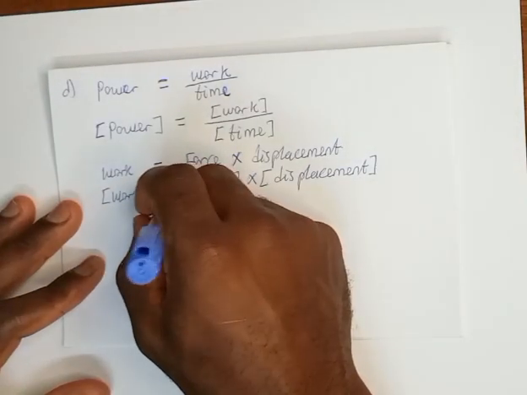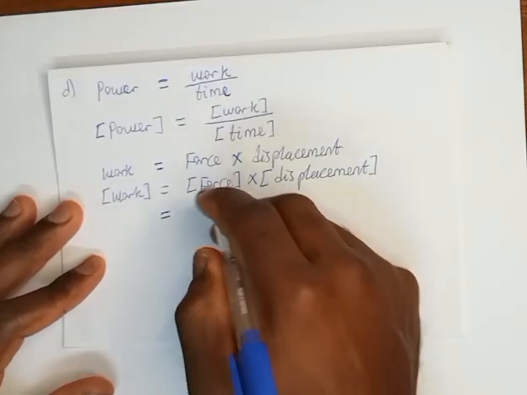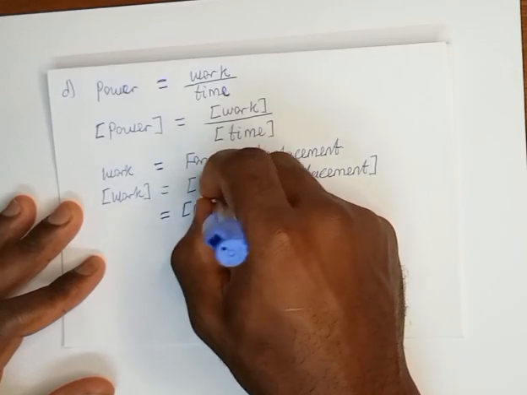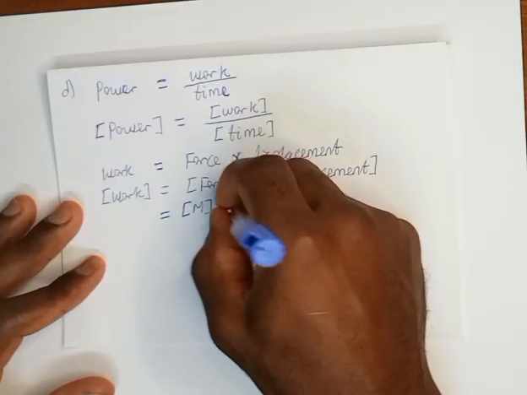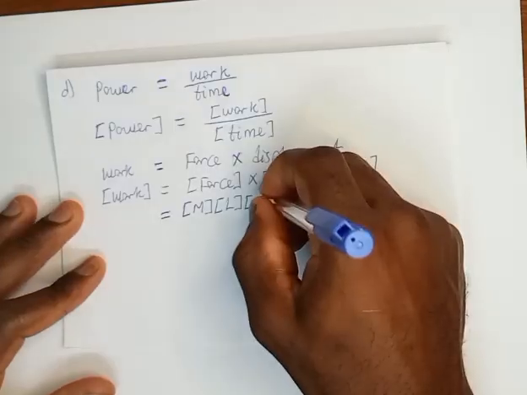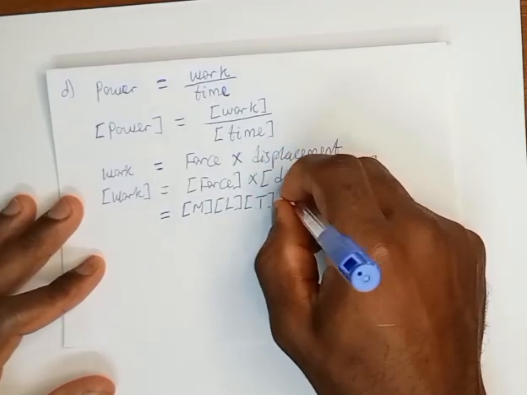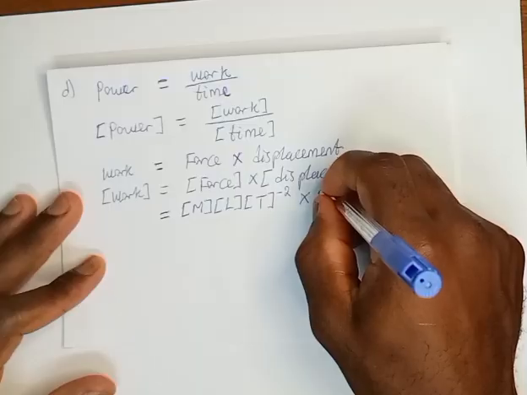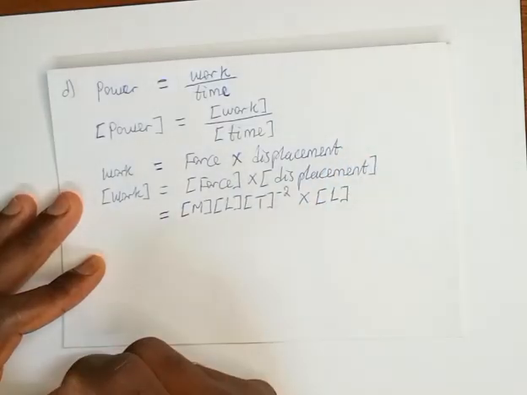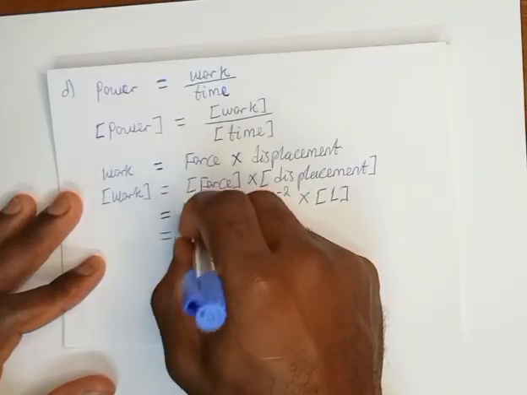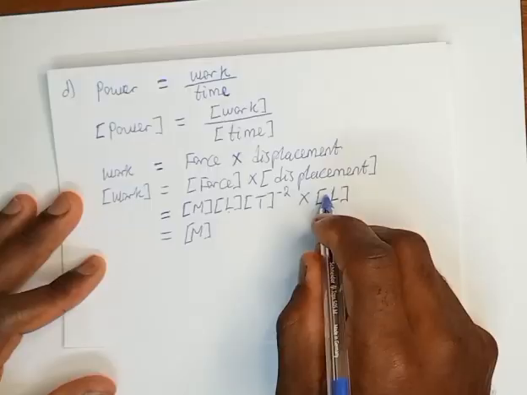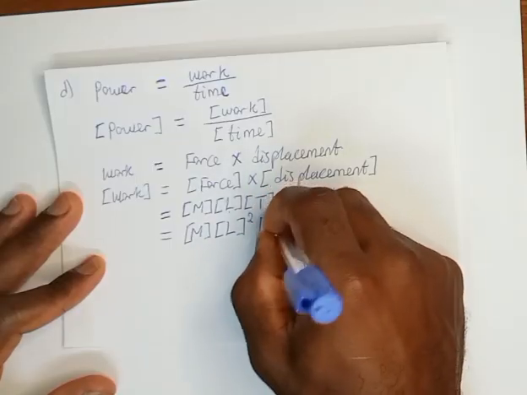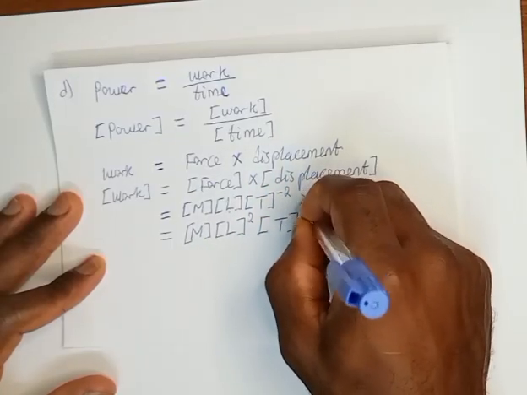From above, we had the dimensions of force to be m times L times t to the power -2. We had to multiply this by the dimension of displacement, which is L. This will give us m. L times L gives us L squared. We will multiply this by t raised to the power negative 2.